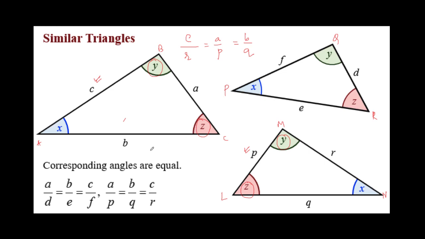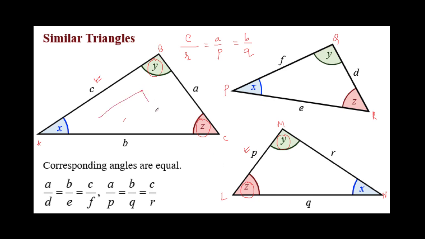Another way of thinking about this is to change the orientation of triangle LMN with respect to triangle ABC. Angles Y and Y are equal, both at the top. The only change is that X is on the left-hand side in one and on the right-hand side in the other.